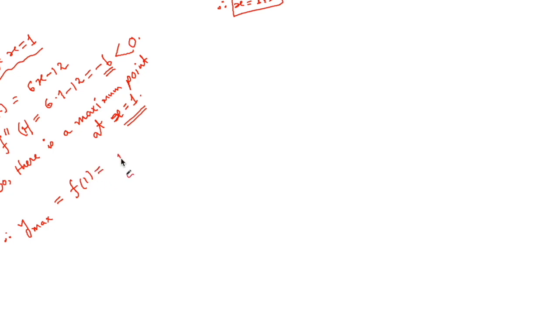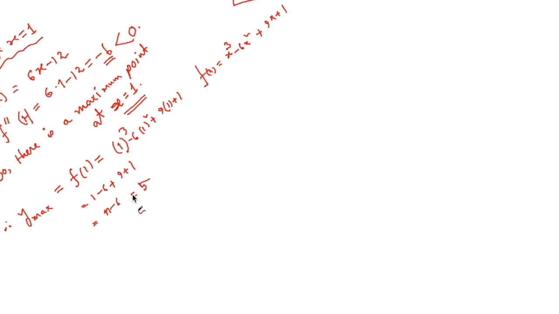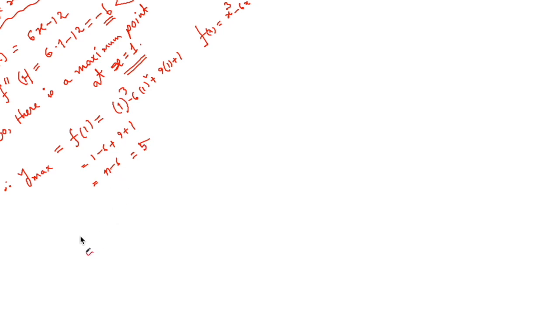Since f(x) equals x cube minus 6x square plus 9x plus 1, f(1) will be 1 cube minus 6 into 1 square plus 9 into 1 plus 1, which is 1 minus 6 plus 9 plus 1, which is equal to 11 minus 6, which is 5. So this y is the maximum value of y, right?